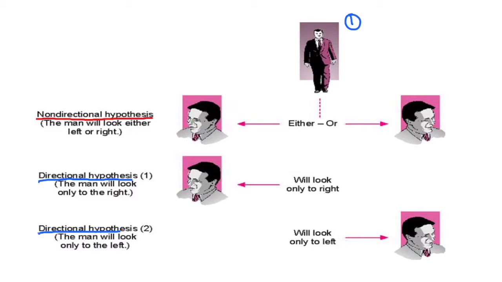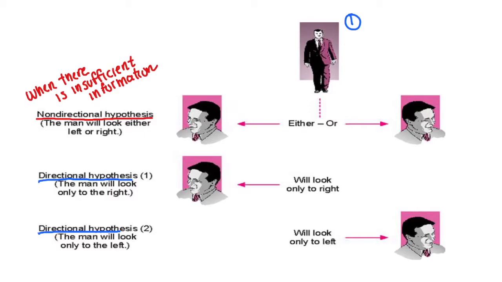So going back for just a second to the example that we gave, we utilize a non-directional hypothesis when there is insufficient information to help us predict what's going to happen.